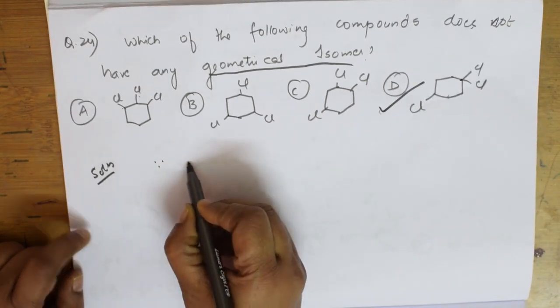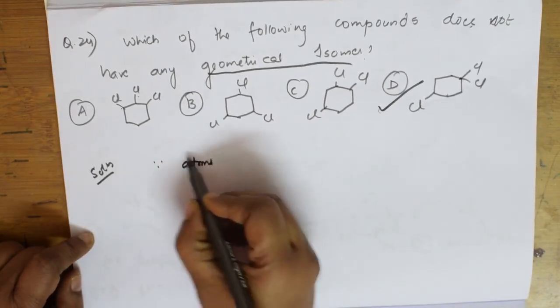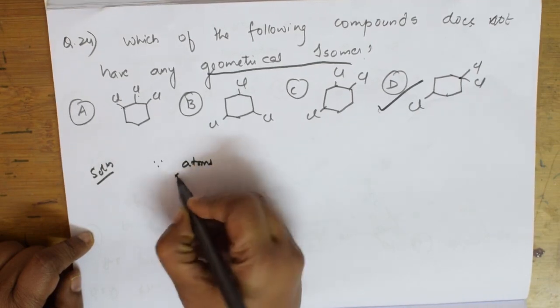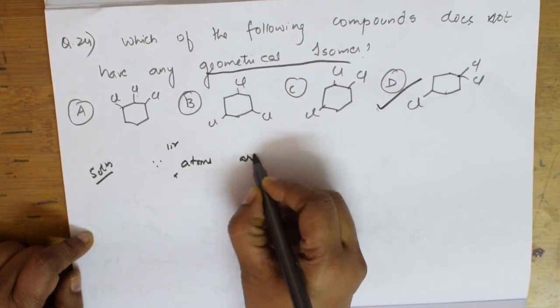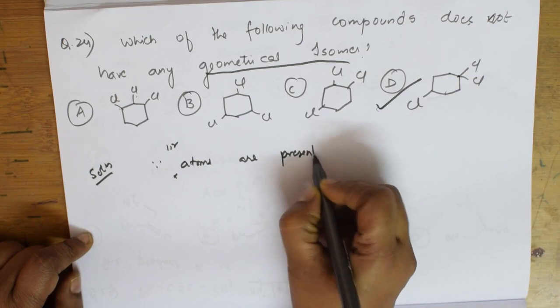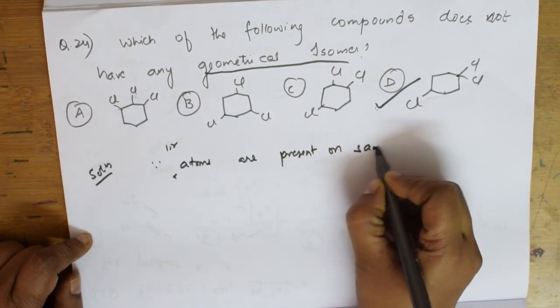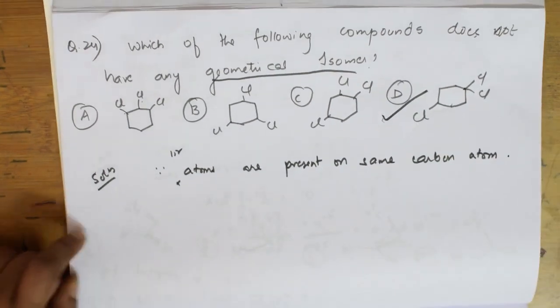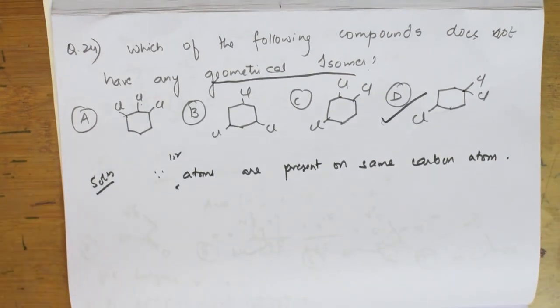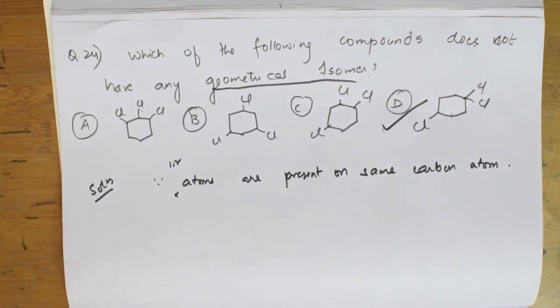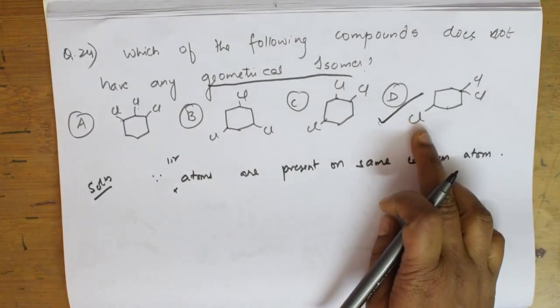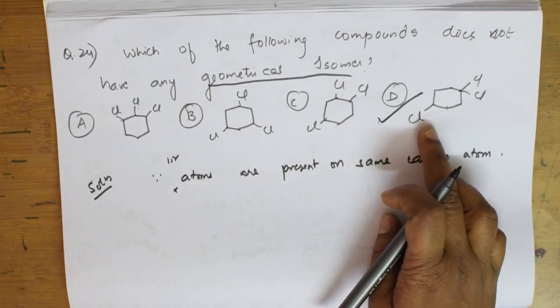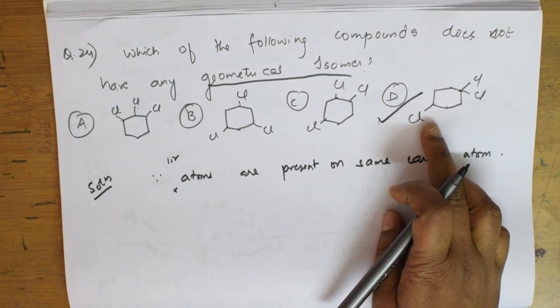Since similar atoms are present on the same carbon atom. This is what you have to remember, right, students? Right, so this is the easiest way. So option D is the compound which will not show any geometrical isomerism.